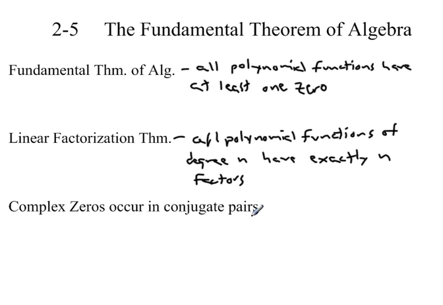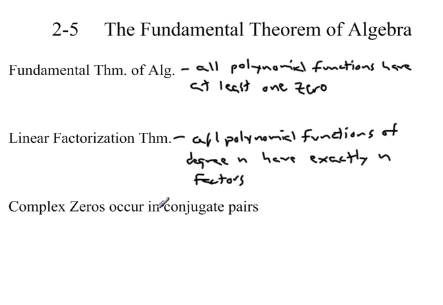So if you have a function such as f of x equals x to the fifth plus et cetera, et cetera, et cetera, you know that that will have exactly 5 factors.